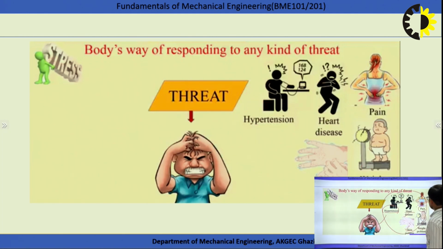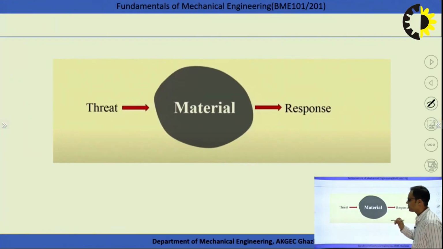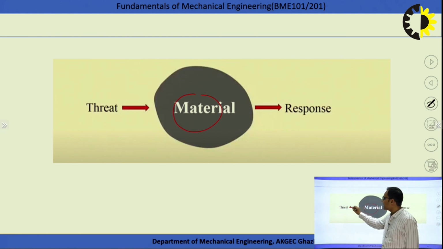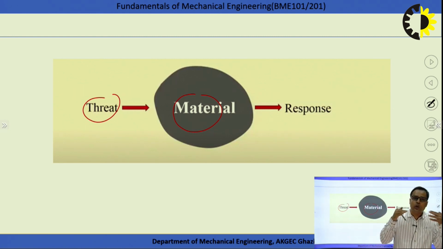So I can simply say, if I try to explain in the context of material, if any material is subjected to any kind of threat, and this threat can be any kind of load or the environment in which the material has to be used, the material will respond. And what are the responses of the material?